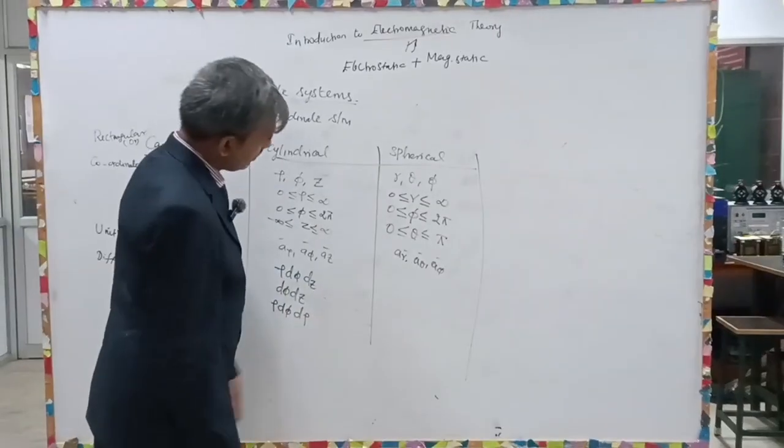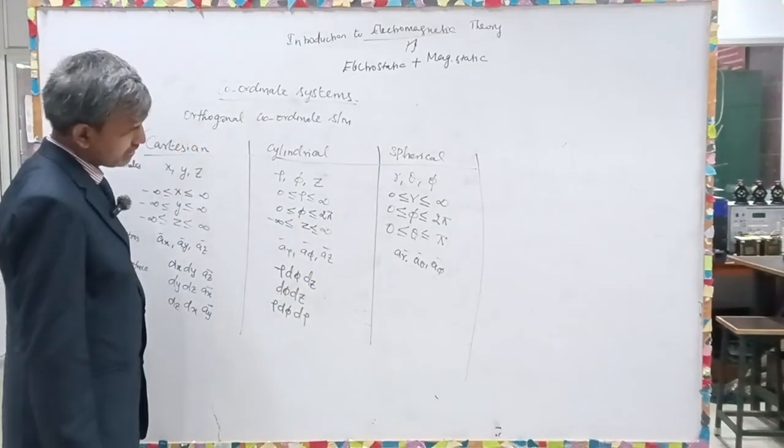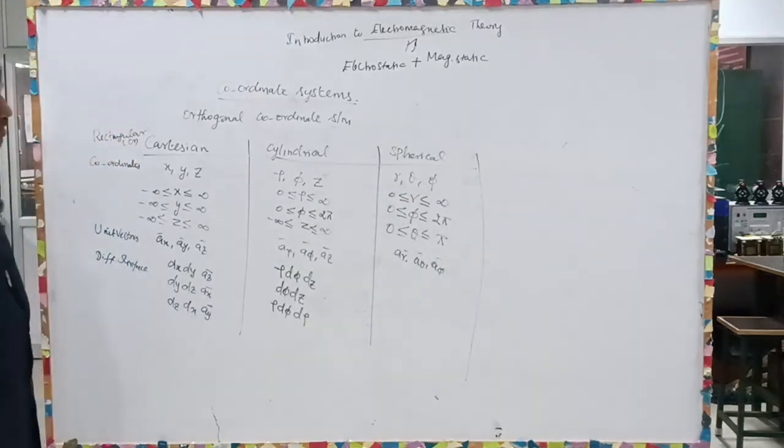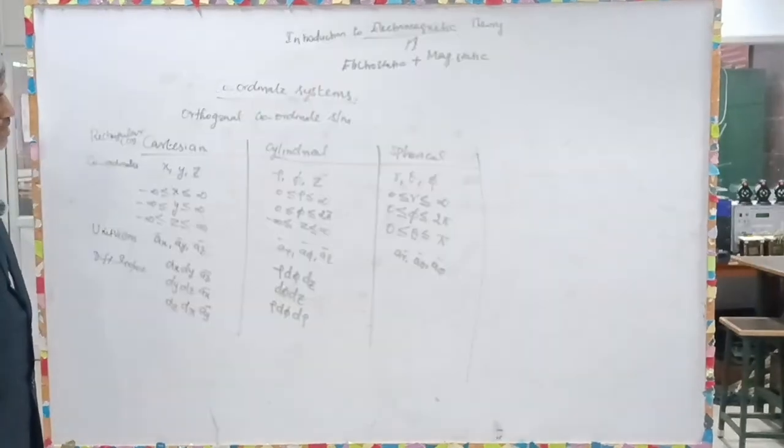Similarly, we can find the surface of the spherical system, and also find the volume of the Cartesian, cylindrical and spherical systems, okay.